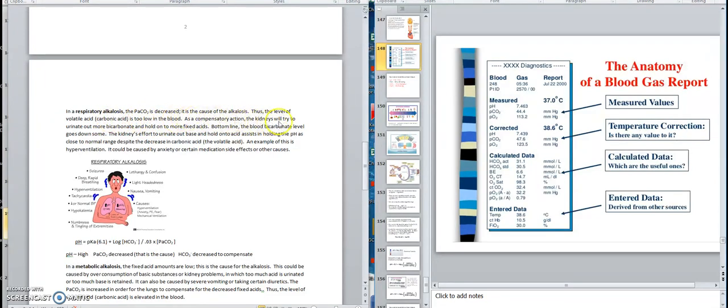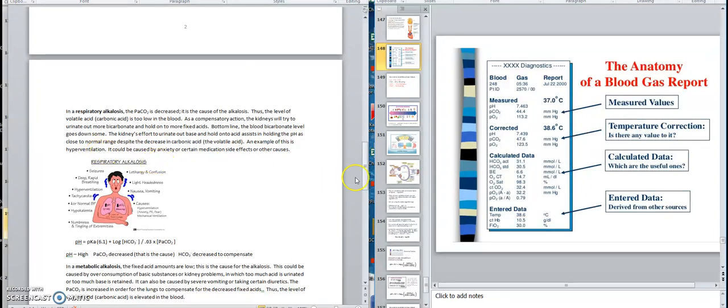Thus, the level of volatile acid is too low in the blood. As a compensatory action, the kidneys will try to urinate out more bicarb, try to drop base to compensate for not having enough of this acid, and they may try to hold on to more fixed acids. Bottom line, the blood bicarbonate level goes down. The kidney's effort to urinate out base and hold on to acid assists in bringing pH close to normal range. Example of this would be hyperventilation.